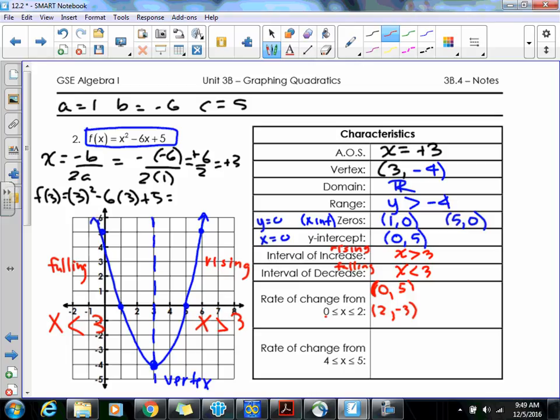What's another word, one word that means the same thing as rate of change? Slope. Okay. So we're going to use the slope formula. I'm going to subtract my y's on top, my x's on the bottom.